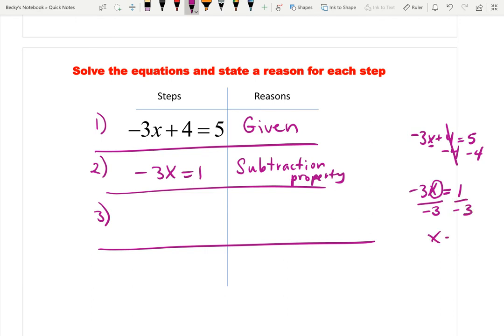So my answer for the next step is x equals negative 1/3, because what did you do? You did division. This is the division property. And you're finished. Okay, this is called algebraic proof.